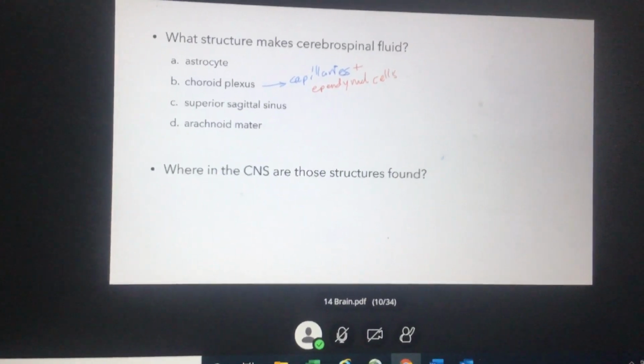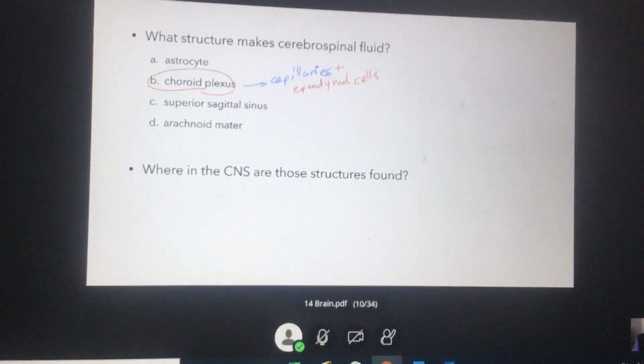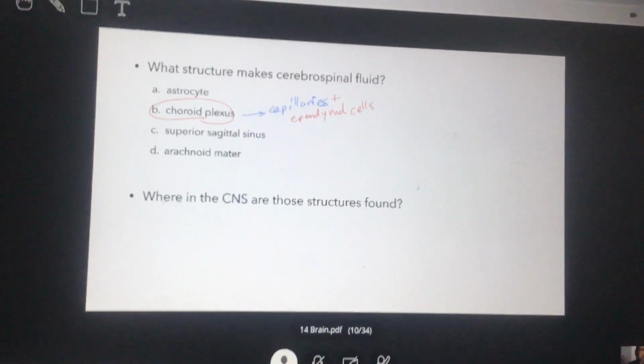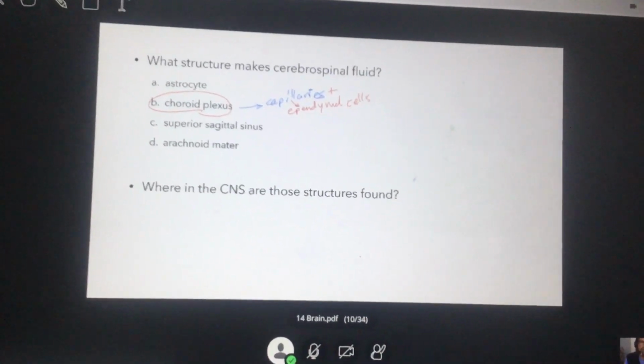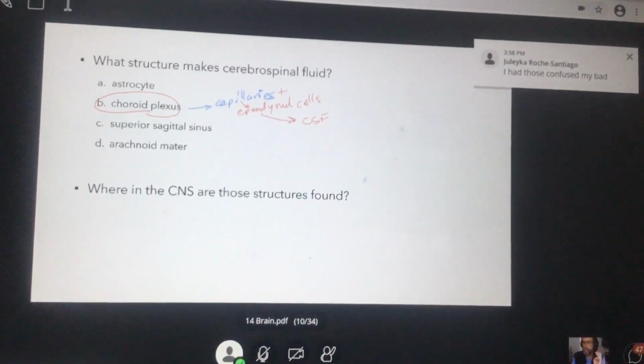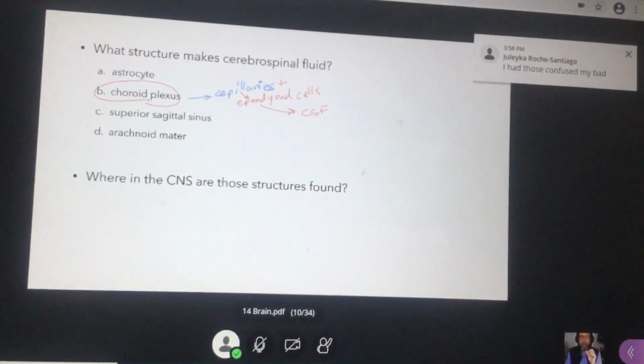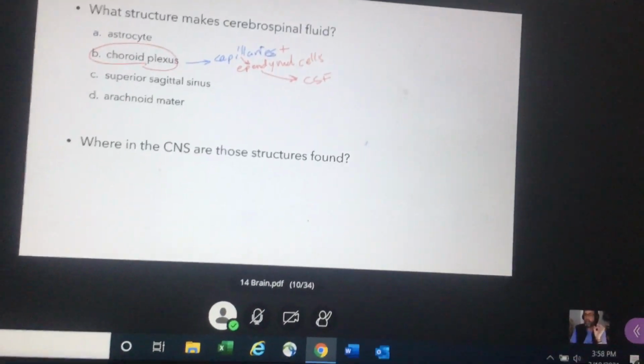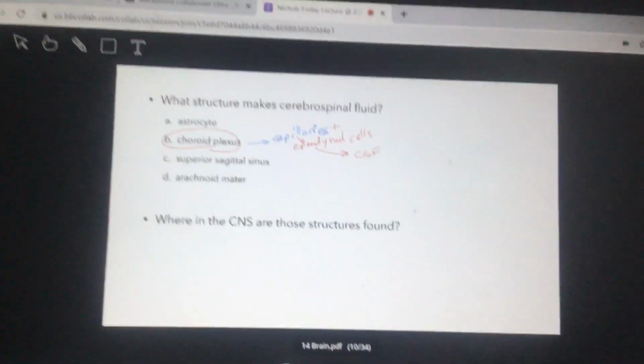So these plus those make up this thing called the choroid plexus. And the ependymal cells will take fluid from the capillaries and secrete it as CSF into the ventricles.